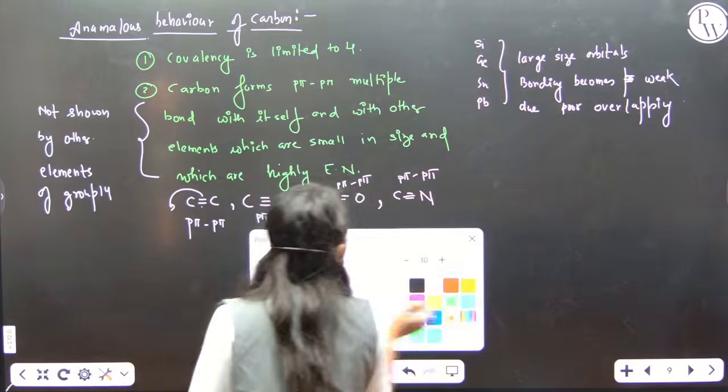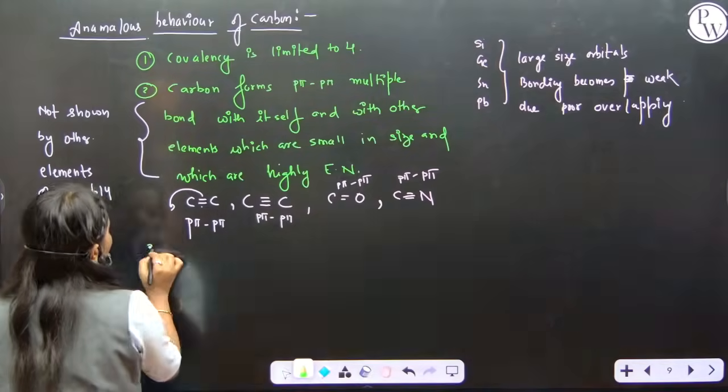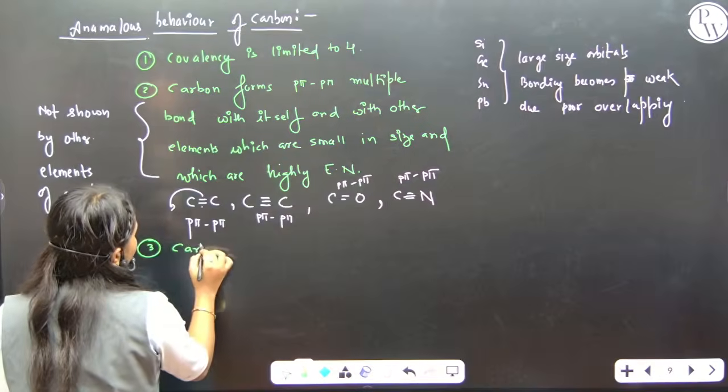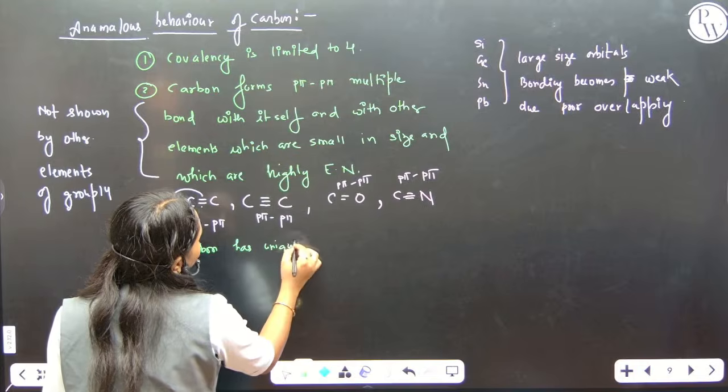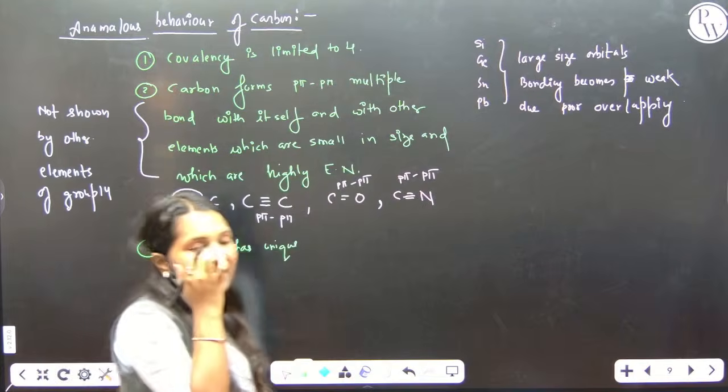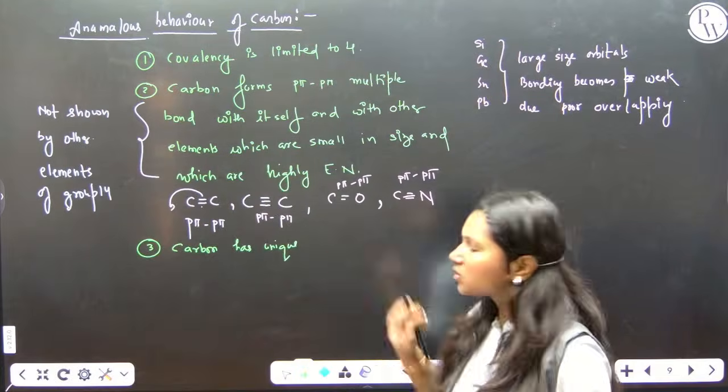The anomalous behavior is that carbon is unique. Why are we calling it unique? Because no other element of group 14 shows this behavior.